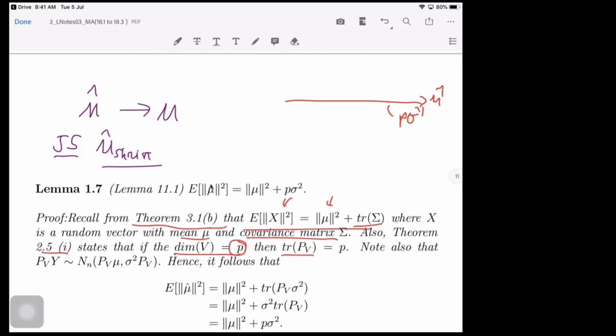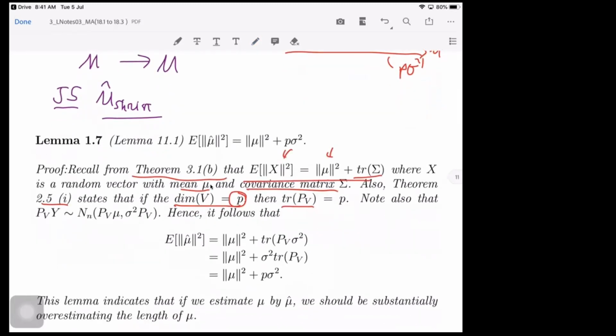And note also how we define mu hat, again, that is the projection of y onto V. The projection of y onto V will be normally distributed with a mean PB mu and a variance of sigma squared PB.